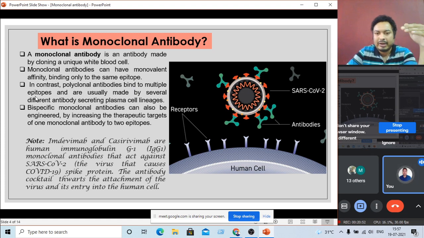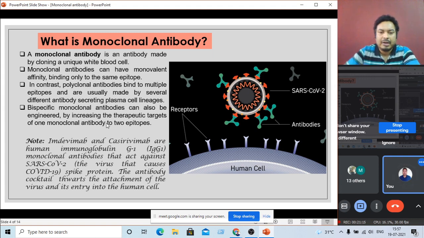I already said bacteria have different types of epitopes, and our body can produce different types of antibodies for all the epitopes. Finally, the antibody produced by natural immunity is called polyclonal antibody.